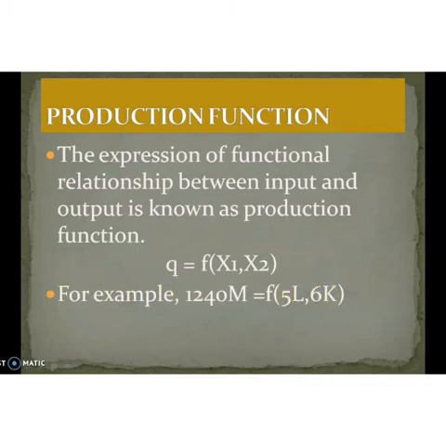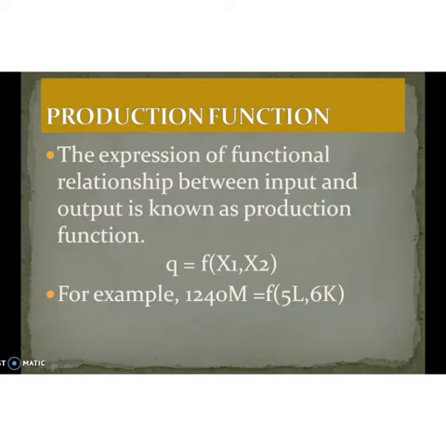Students, please note that there may be many other factors as well, but we have assumed there are only 2 factors, labor and capital, or factor 1 and factor 2. So there are a lot of factors associated with the production function, but we assumed there are only 2 factors, x1 and x2, and in our example labor and capital.